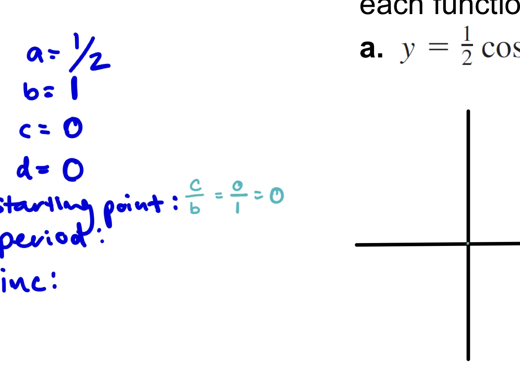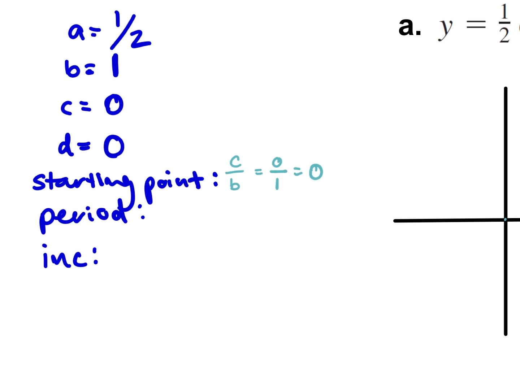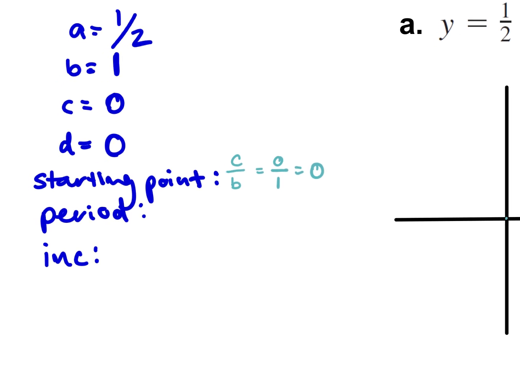So our graph's going to start at 0. For our time period is 2 pi over B. So that would be 2 pi over 1, which would just be 2 pi. So the length of one period of our graph is going to be 2 pi.